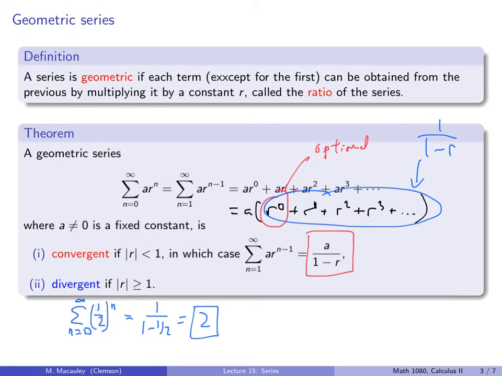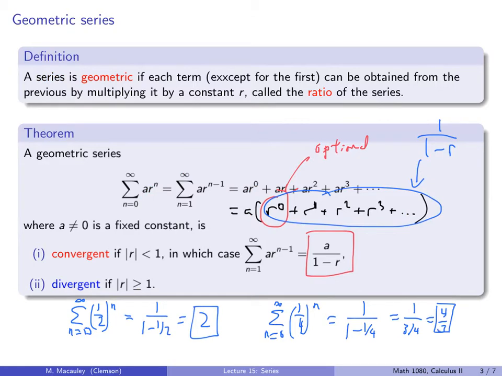And also, the sum from n equals 0 to infinity of 1/4 to the n. We saw that one. That's 1 over 1 minus 1/4. So what is that? That is 1 over 3 quarters, which is 4/3.